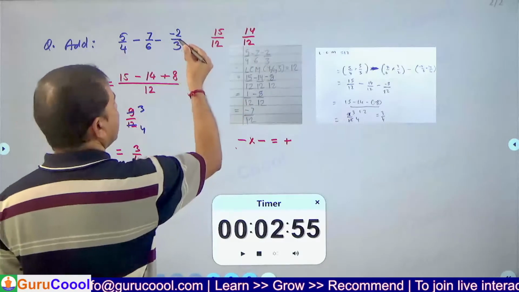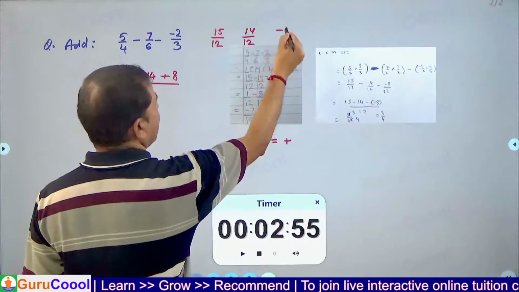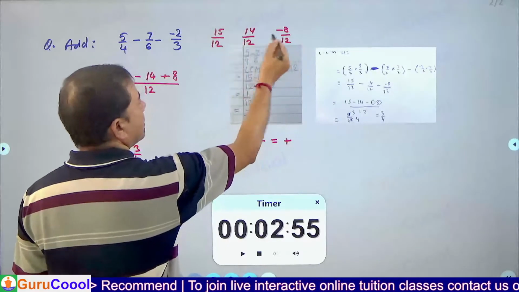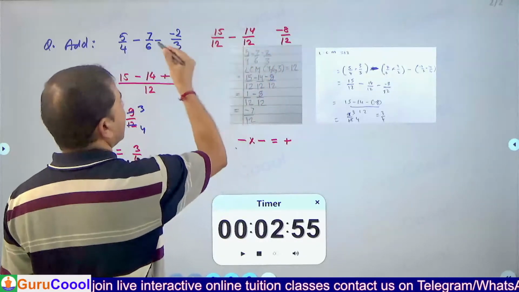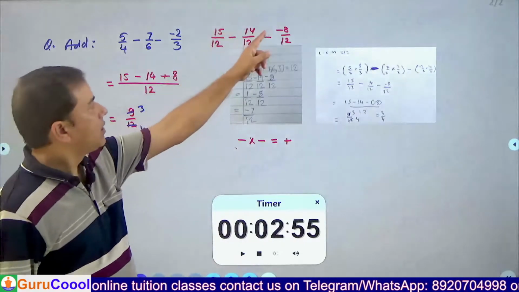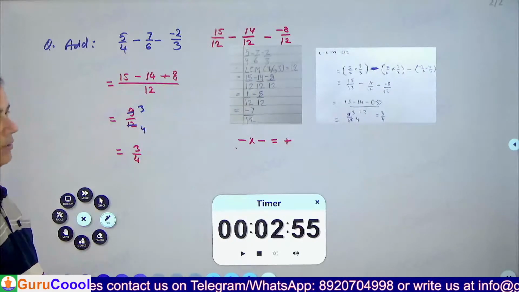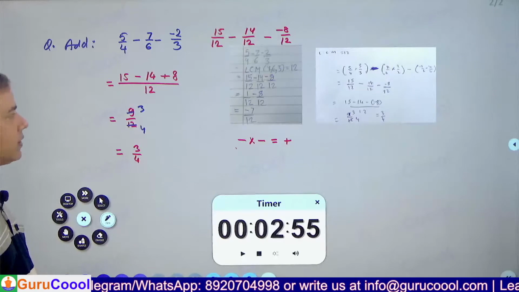Then the third one, you will multiply with 4. 4 2s are 8. It's minus 8 actually. And 4 3s are 12. So instead of writing all these three like this and putting the sign there, you can treat the numerators as they are, but write the denominators once only. Okay, sir. This is a time saving process.